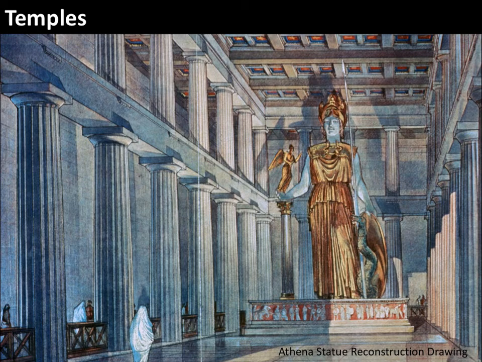We know from the written record that the building housed a solid gold statue of Athena. She was the patron god of the town of Athens. So this is an artist's rendering of what we think that statue looked like inside the temple.